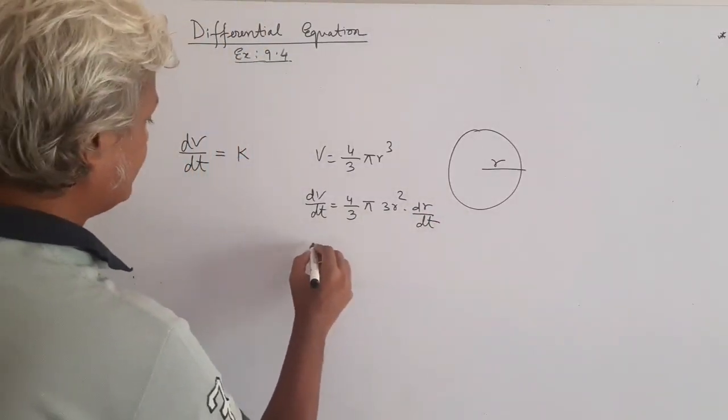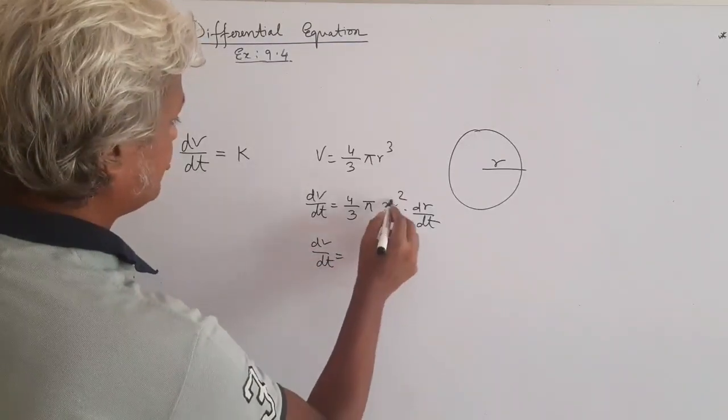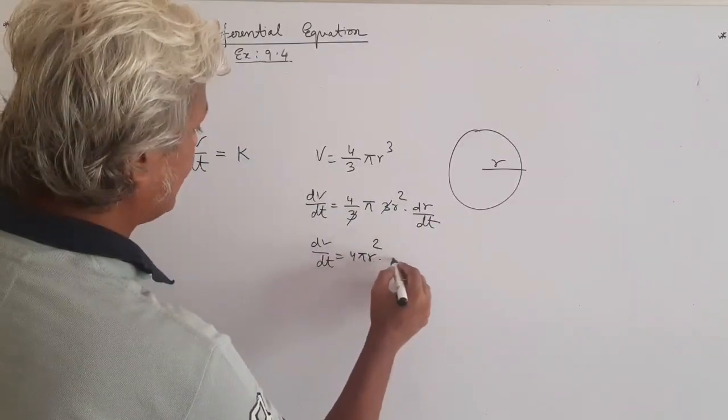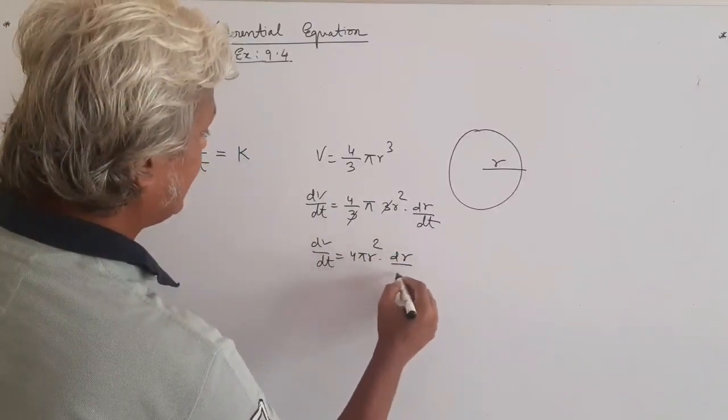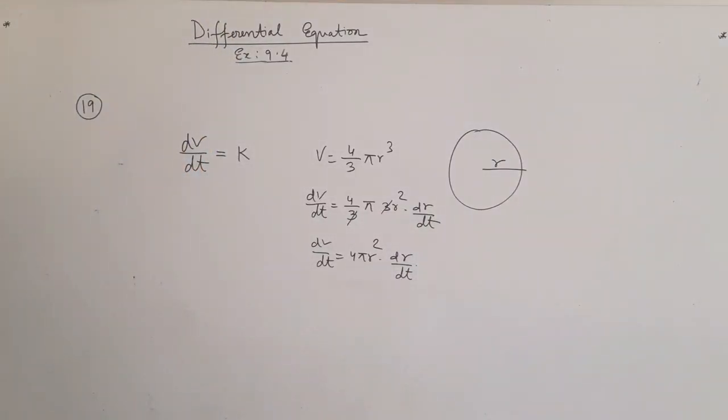So what do we get? dV by dt, the 3 and 3 cancel, is 4 pi r square dr by dt.